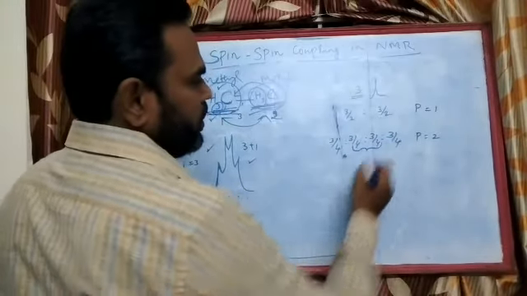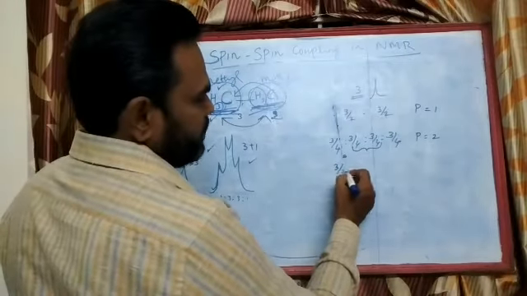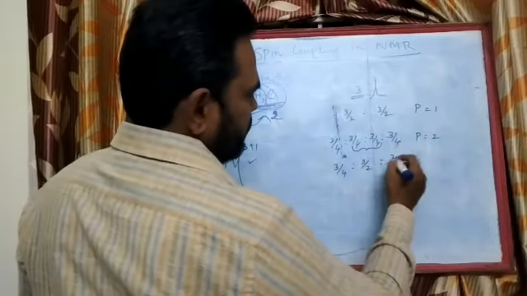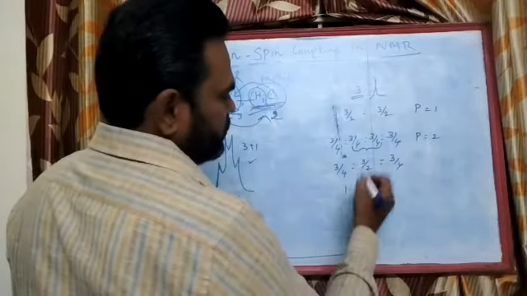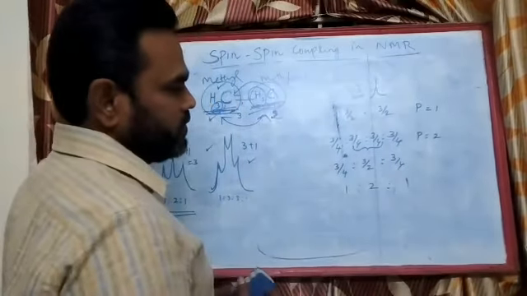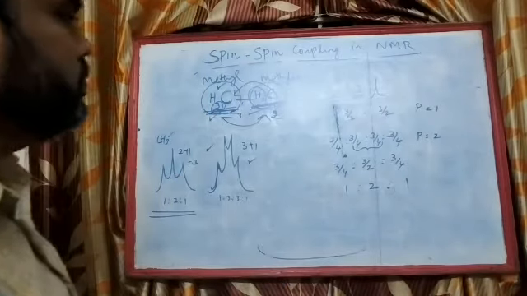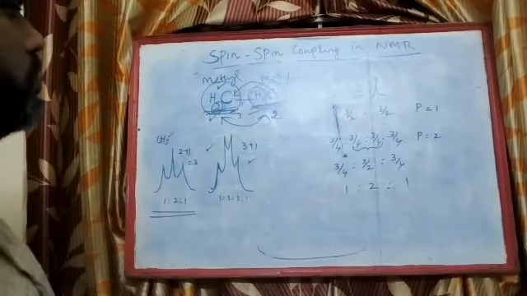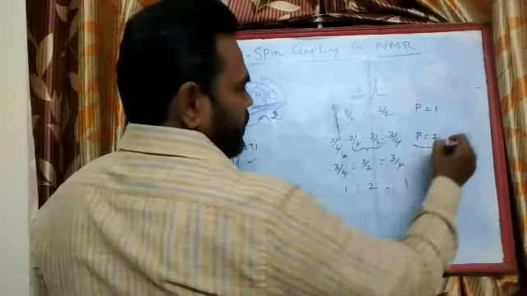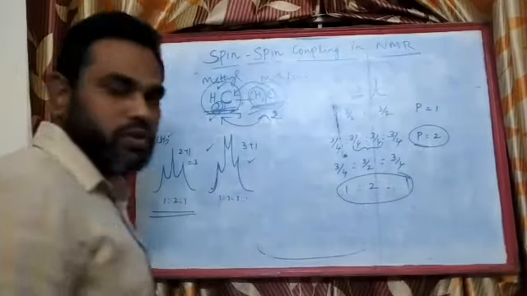So these two are energetically equivalent, and hence I can write 3/4 is to 3/2 is to 3/4, that is 1:2:1. So neighboring protons are 2, and hence the lines are split into 3 with the intensity of 1:2:1.